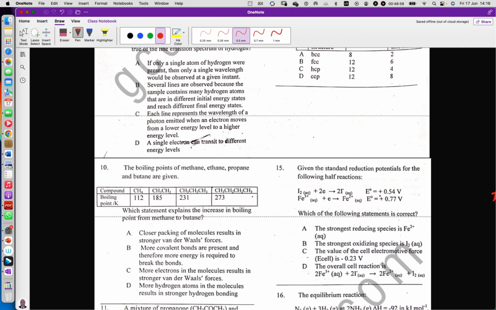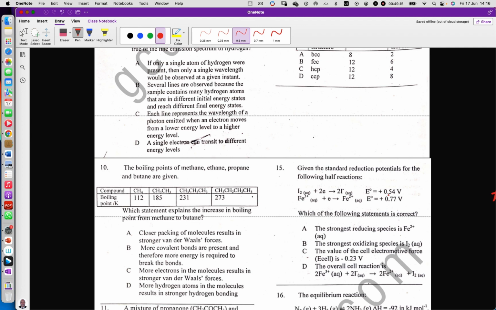Then for iodine to iodide, the reduction potential shows that iodide is a better reducing agent.